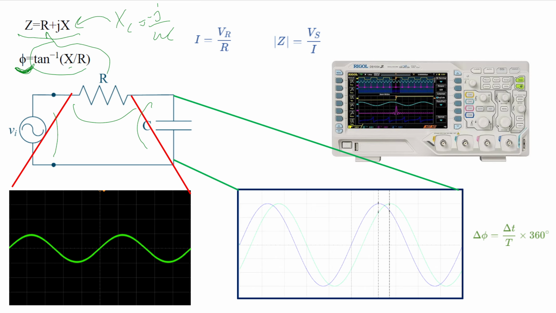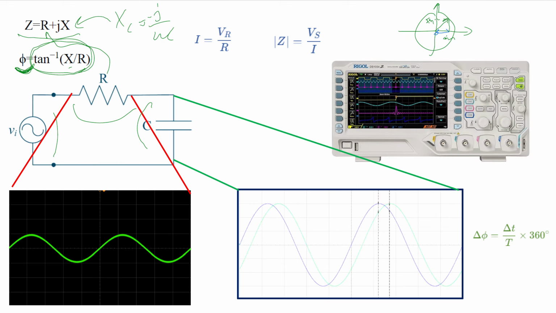If you have a question about where this came from, remember the relation between the vector and sine and cosine. This is sine, this is cosine.